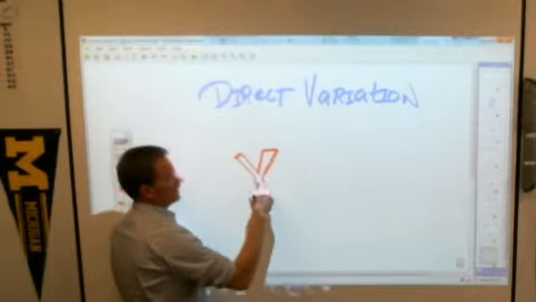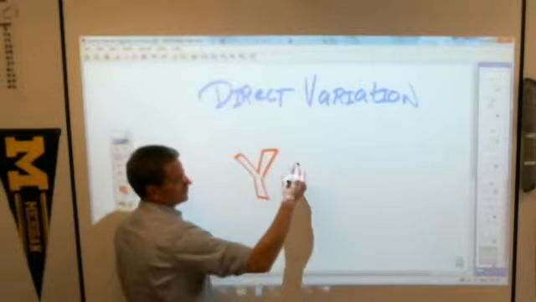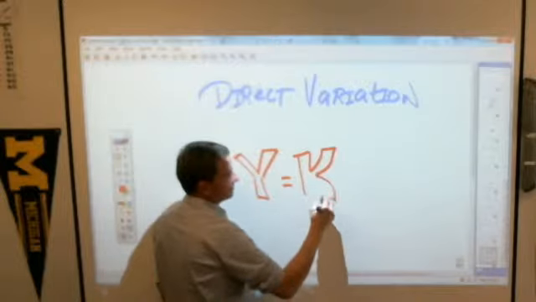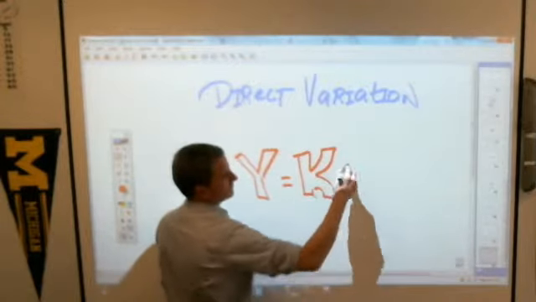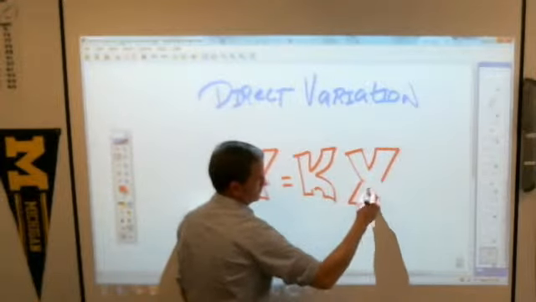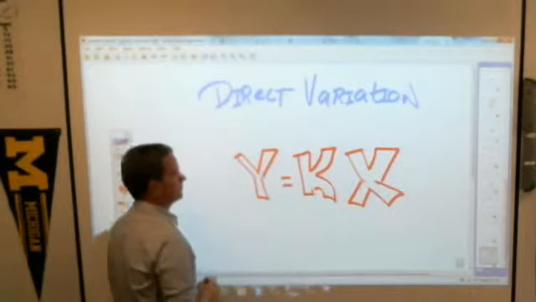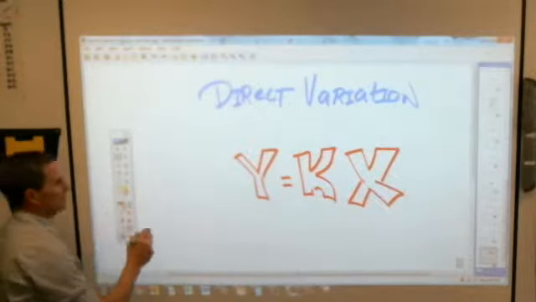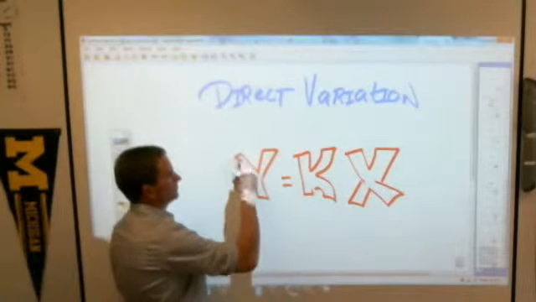The letter Y equals K, and then X. What color shall we fill that in? Pink.